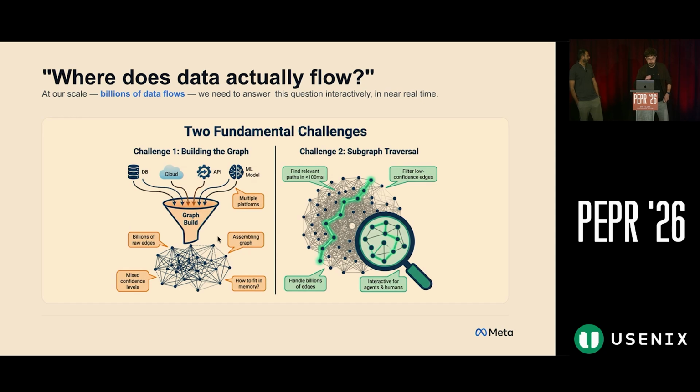I want to start with one of my favorite questions: where does data actually flow? I really like this question. It's very simple in plain English, and it has been my day job, and my team's day job, for the last few years, and I'm glad it exists. This is not a question that we ask once in a quarter during a compliance audit.